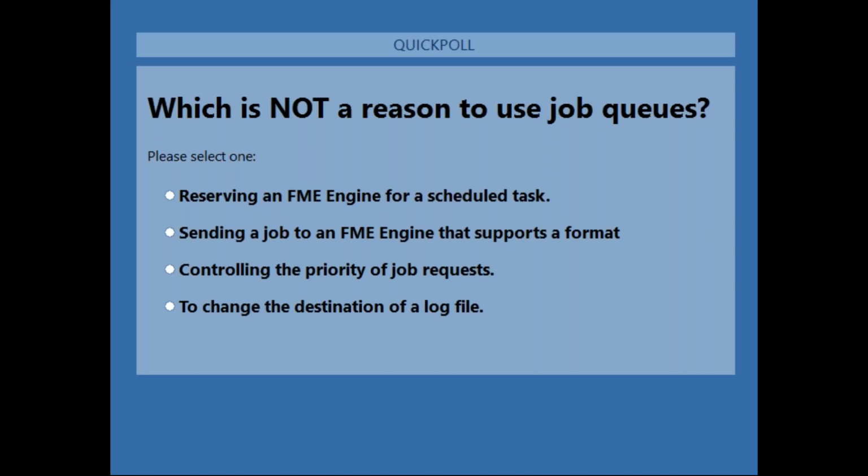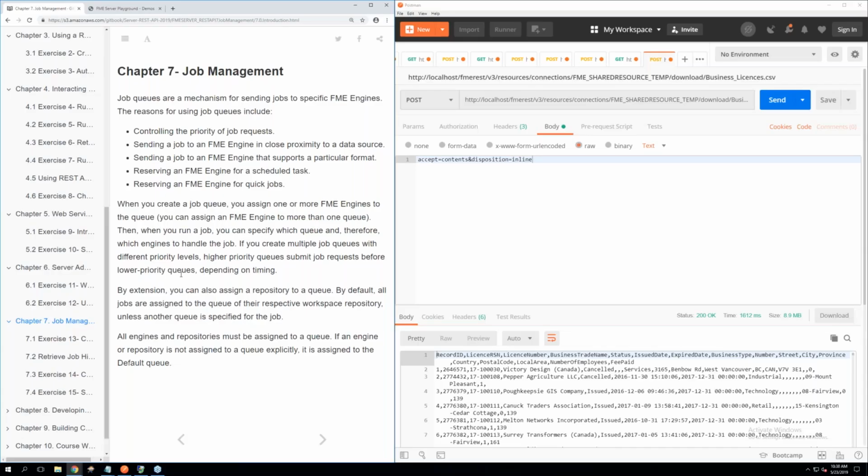All right, so I'll give everyone about another 30 seconds to think about this. All right, so it looks like most people have voted, so I'll close the poll. And I'll give you a hint that 100% of you got this correct. So you would not want to use a job queue if you're going to change the destination of the log file.